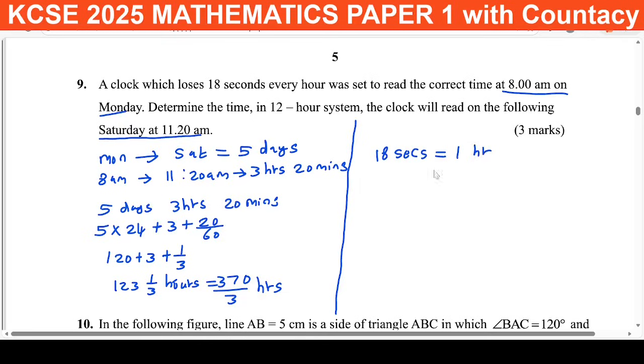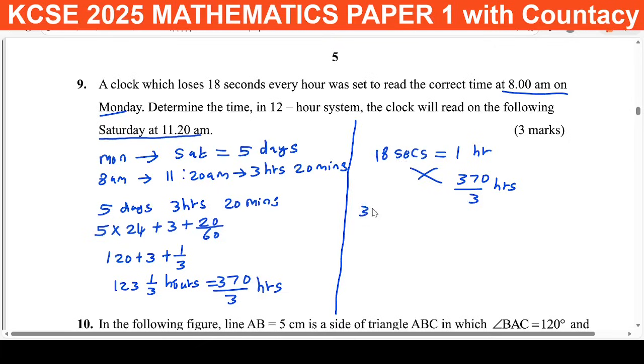And what we have in question is 370 over 3 hours. This is what we want to determine: how many seconds has been lost from Monday 8 a.m. to Saturday 11:20 a.m. To determine that, we do cross multiplication.